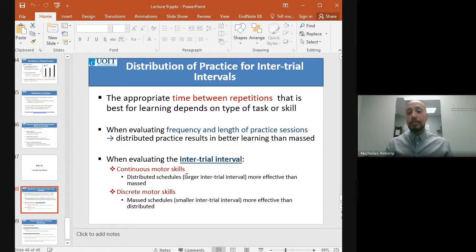Does that make sense? So generally speaking, there are no set rules, but for continuous skills, because they generally take longer, you can wait a longer amount of time in between trials. Remember, this is just one practice session. Whereas with shorter, discrete motor skills, you can wait a smaller amount of time between trials.